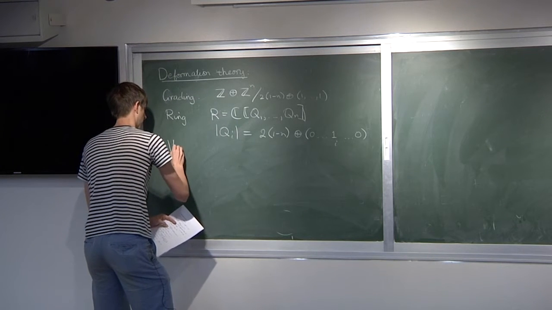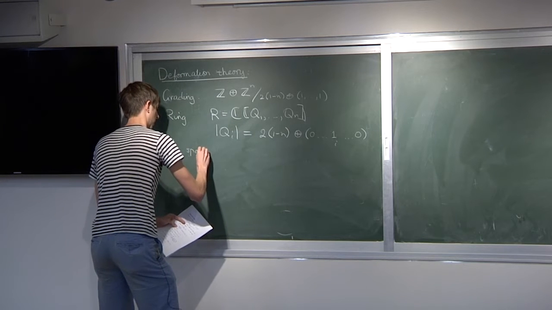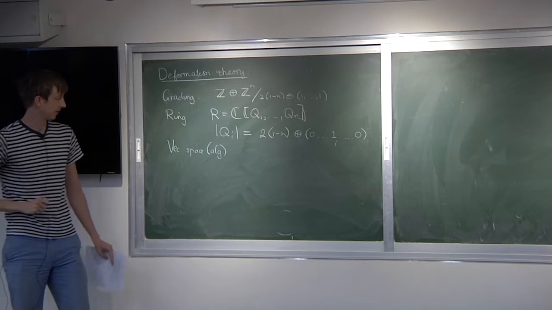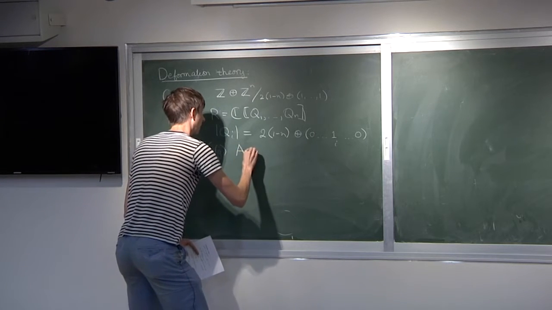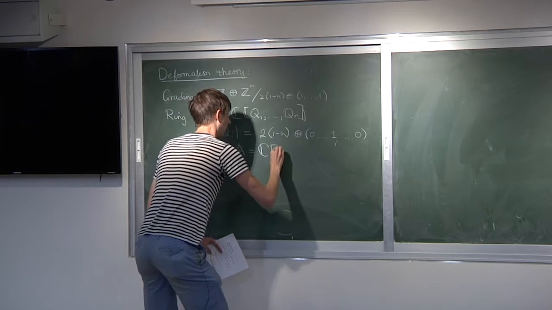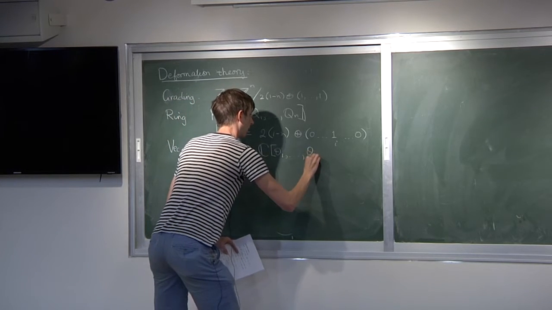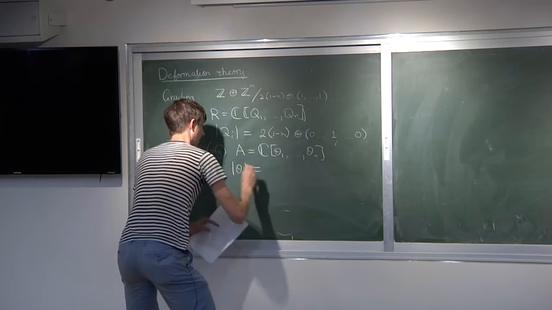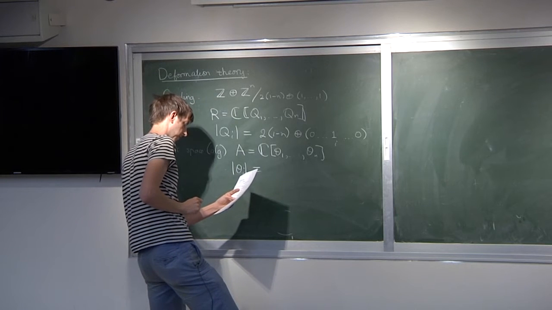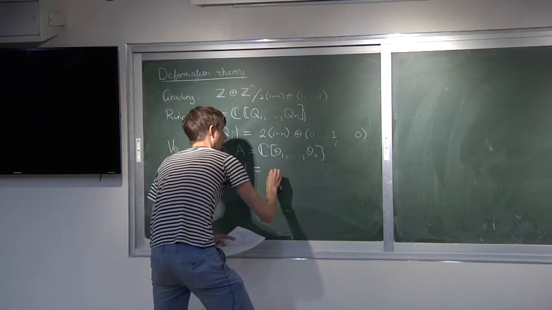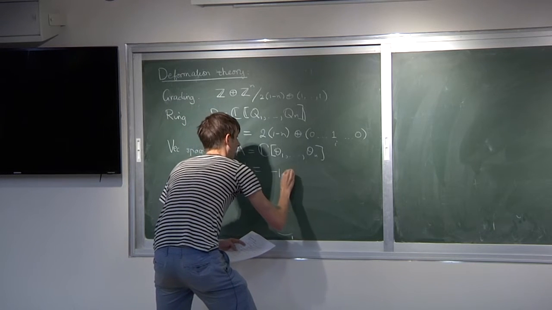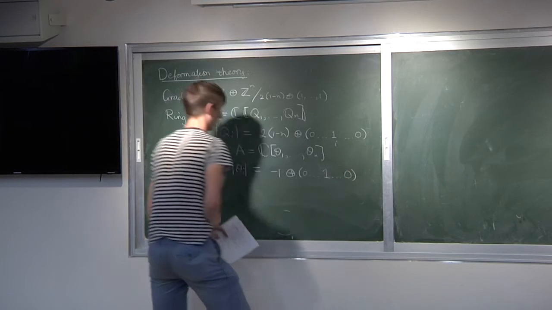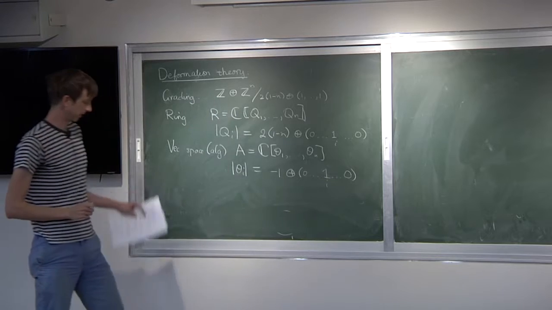And the vector space on which we're going to be looking at A infinity algebras is this exterior algebra where the degree of theta i is like this. Again, one in position i.